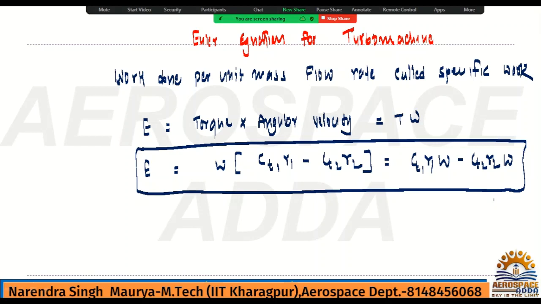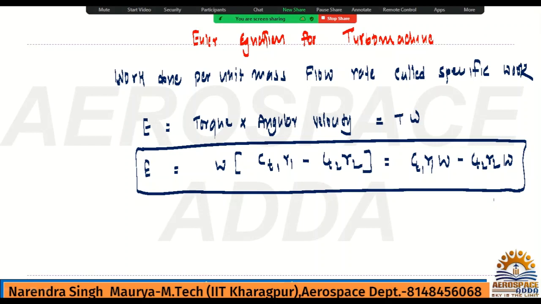So the rate of energy transfer per unit mass flow per unit time, and for this reason the unit, if you check for this, you may get torque into angular velocity, which is also the power. Got my point?